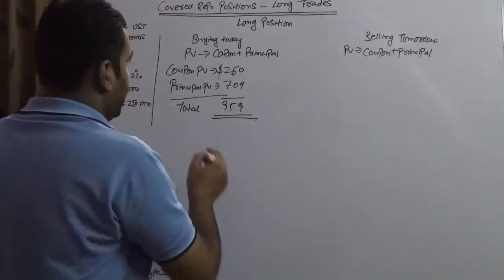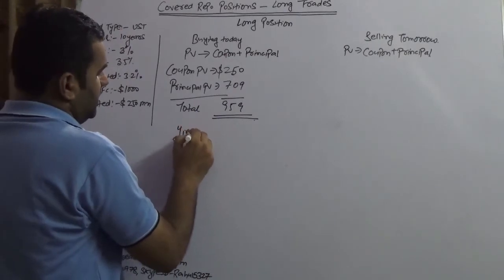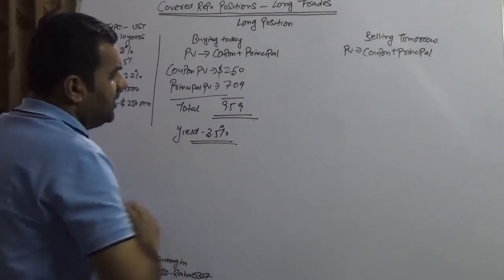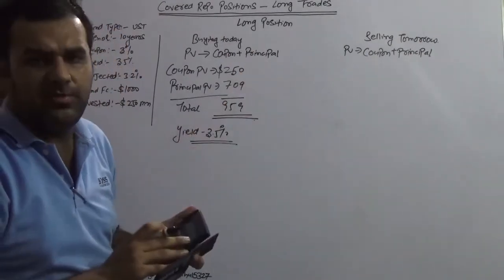Let us calculate. Here we have taken a yield at the rate of 3.5%. Here we would be assuming a yield of 3.2%.